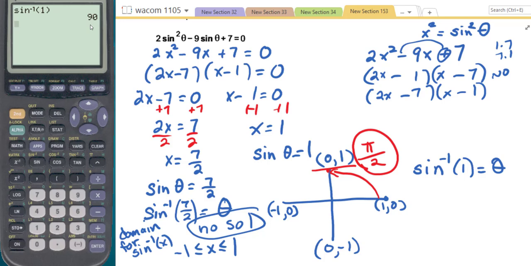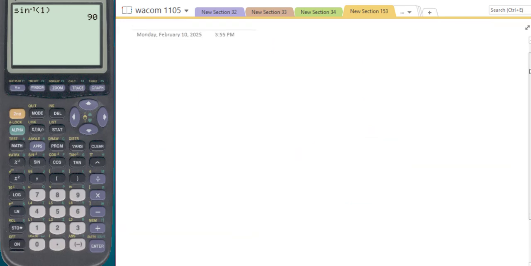The other thing I said I would go back to is just this factoring trick. This one was trial and error. The other way I mentioned was to split the middle. So I'm going to just do a new page and remind you about factoring if you have trouble with these trinomials. So 2x squared minus 9x plus 7 equals 0.